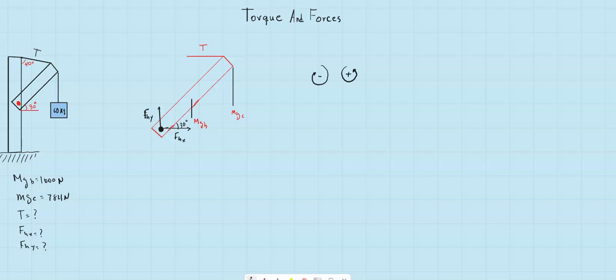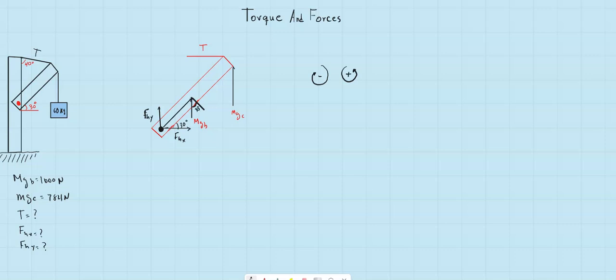We need to find our torque now. We know that the torque is going to be equal to the force perpendicular to the radius, right? The force perpendicular to the radius. And we know that if this is 30 degrees, this is also 30.